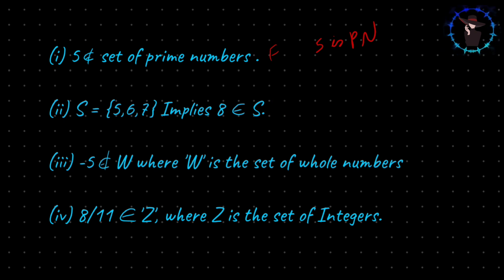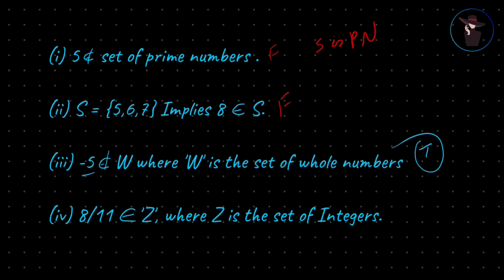No. So this is also false. Now minus 5 doesn't belong to W, where W is the set of whole numbers. Is this statement true or not? Yes, the statement is true because whole numbers don't contain minus 5, which is an integer.